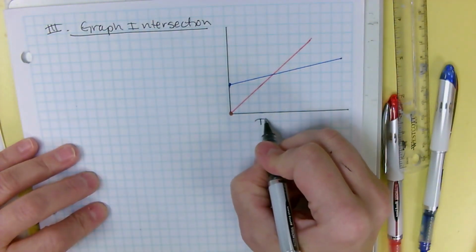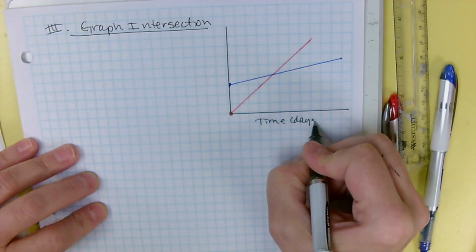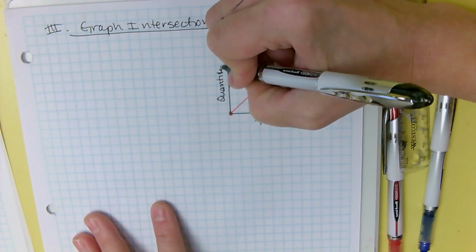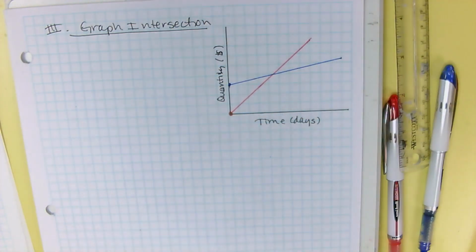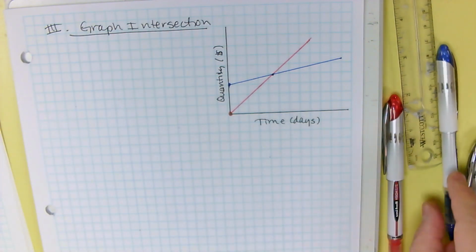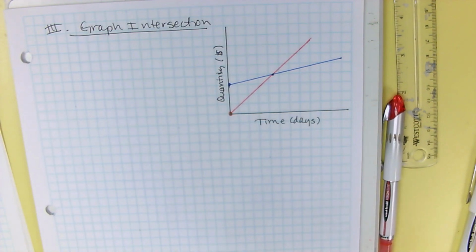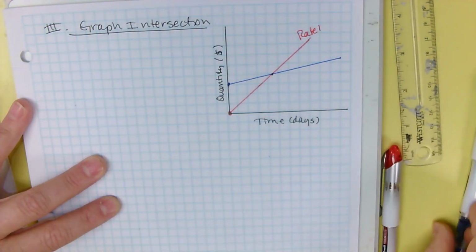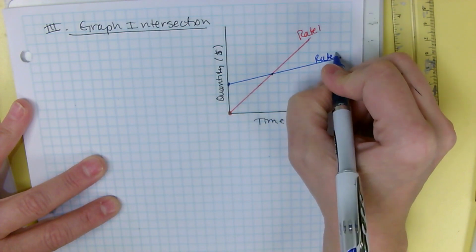And your graph is time in days for the bottom part, and the side is quantity in dollars. And how do we actually interpret a graph like this? Assuming we have two different rates that we're looking at. Okay, so I'm just going to make the red line rate 1 and the blue line rate 2.